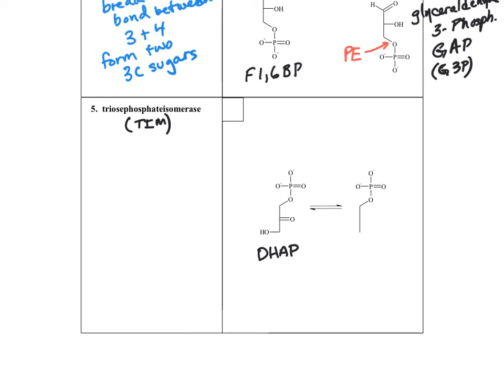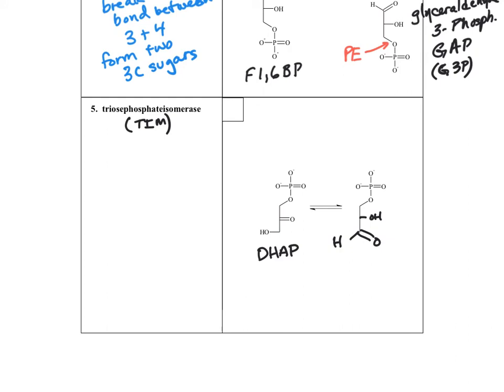Okay, what happens when you do an aldo-keto isomerization, or actually more properly, a keto-aldo isomerization? You're going to move the ketone down to the carbon at the bottom, and you form an aldehyde. And the alcohol is moved up from the last carbon to the second carbon.